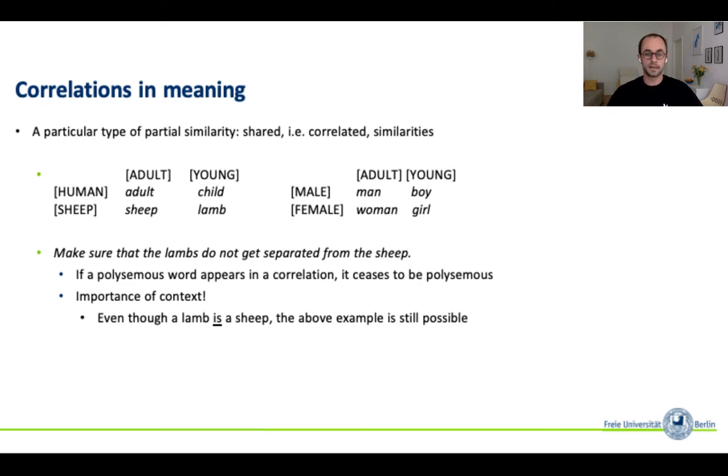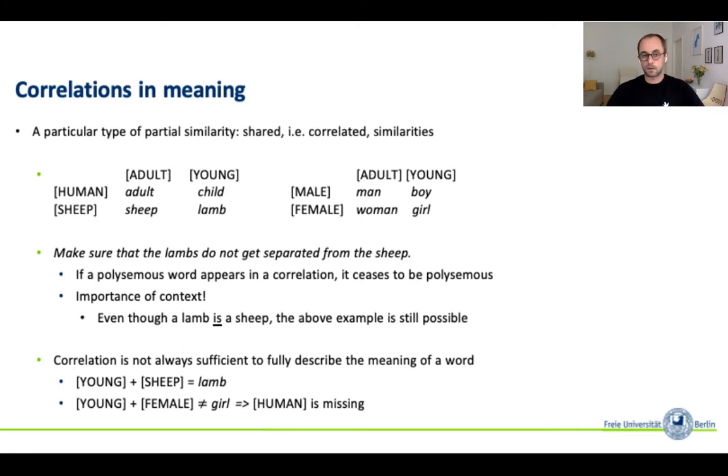But if such a word appears in a correlation, it ceases to be ambiguous, right? So the context is important in this case. So if we say such a sentence, make sure that the lambs do not get separated from the sheep, even though a lamb is a sheep, there is the feature plus sheep, the example is a completely normal example and everybody would understand it.